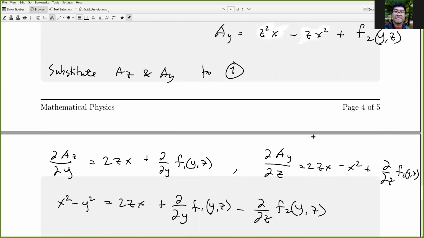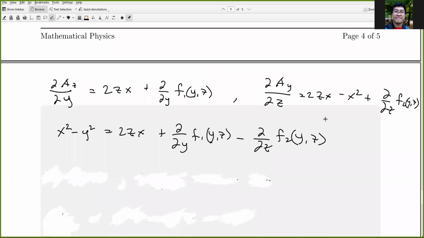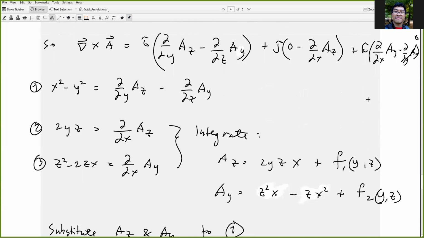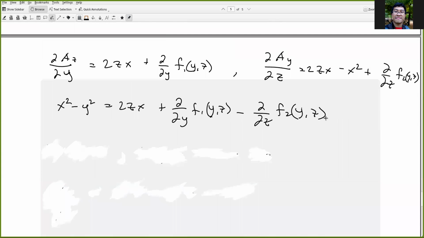So what we are missing are 2ZX and minus X squared, which we should write as negative 2ZX plus X squared. Okay, so we forgot to write this. Oh no, we missed writing this.